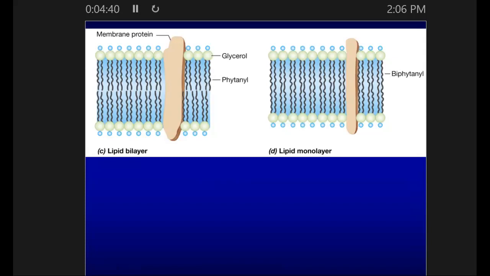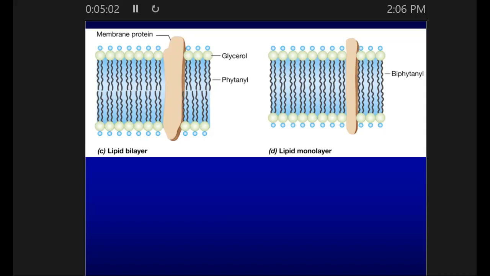Okay. So that also is an advantage under certain conditions. A monolayer can be very advantageous if you have a solid string of isoprene units all the way across. It helps especially under high pressure and high heat.